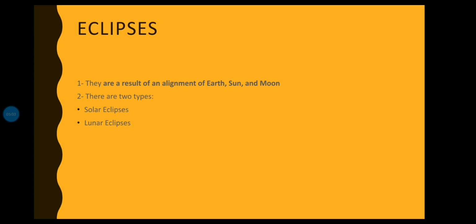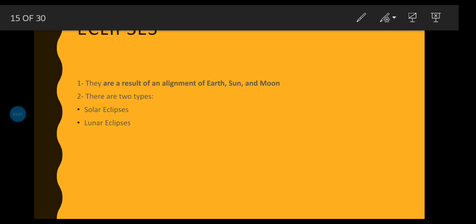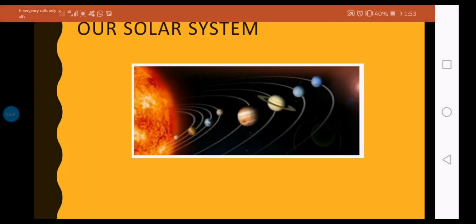If we go back to the photo before, the sun gives light, but whenever you have something in the way of this light, you will have shadows, you will have umbra and penumbra.